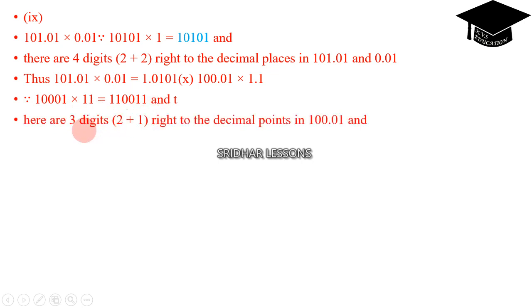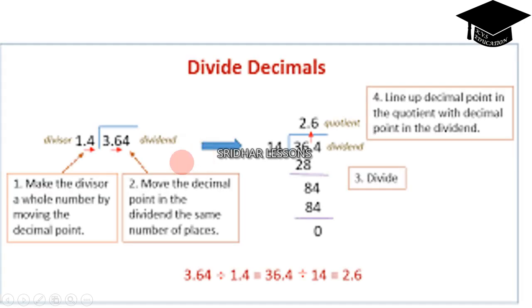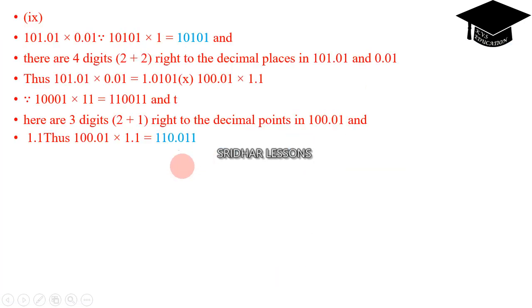Here there are three digits right of the decimal places, so for 100.01 and 1.1, since we have three digits right of the decimal place, it is 110.011. With this, we have completed this exercise. Thank you.